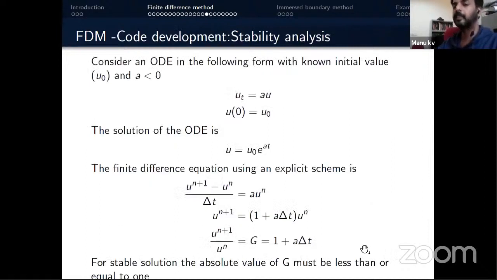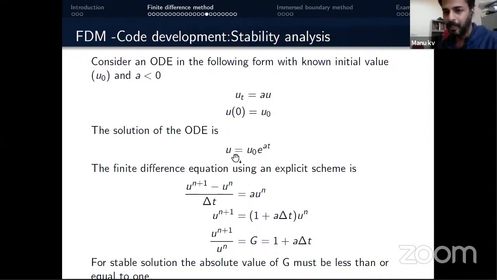Let's quickly try to understand the meaning of stability. To understand that, we can look at an ordinary differential equation. The same is applicable for partial differential equations as well. Suppose we have an ordinary differential equation like this, ut is equal to au. The derivative is proportional to the function itself, so it is an exponential growth function.